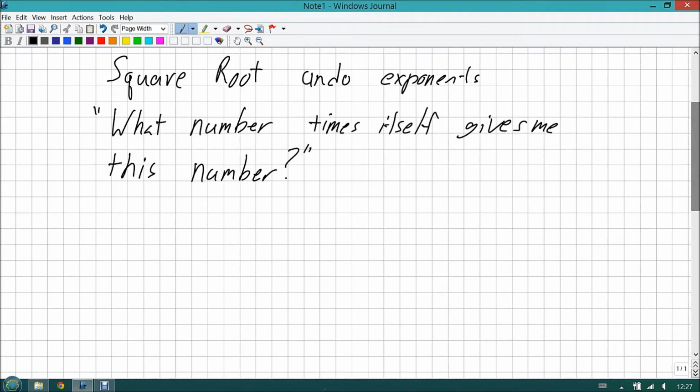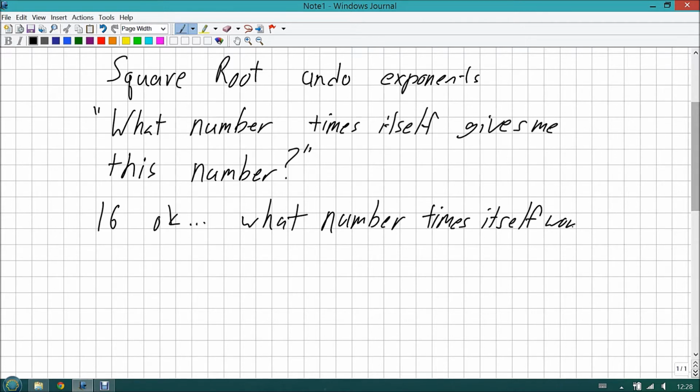So for an example, let's take a look at 16. If we were to find the square root of 16, we would say, okay, what number times itself would give me 16?